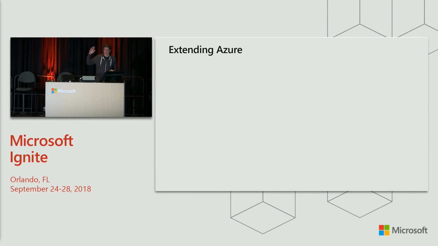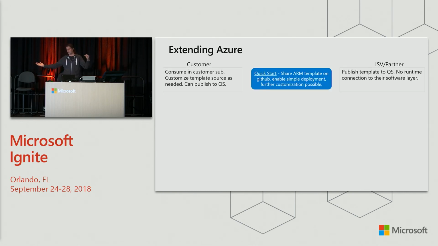So if you think of ARM as really the construct for how things can be produced and things can be consumed, with a customer on one side and an ISV partner, a creator of software, on the other, I wanted to contrast these. Today we have this quick start that Simon talks about with 600, 700 different templates.